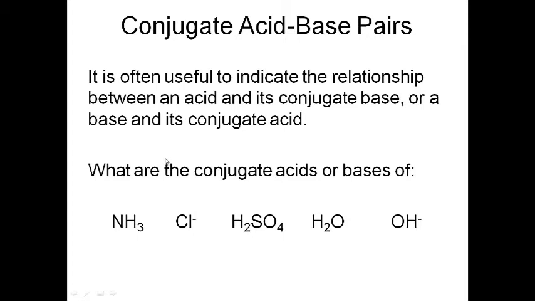One of the things that I like to talk about when I teach general chemistry is that when you're talking about conjugate acid-base and you say, what's the conjugate acid? We really should think about that as, what is the conjugate acid of the base? If you say it that way, then you know that the base is picking up a proton to become an acid. Or what is the conjugate base of the acid? So when the acid loses a proton, what base does it become?